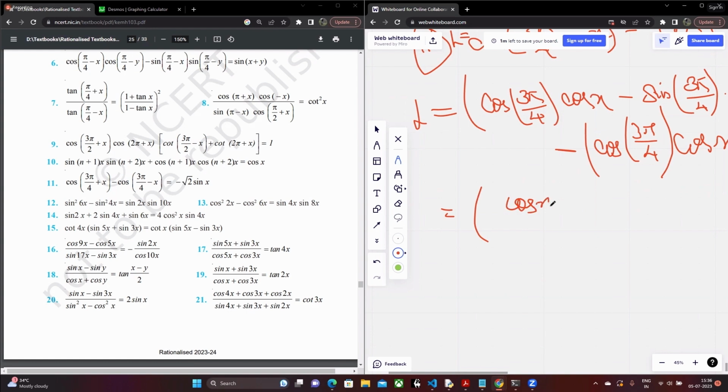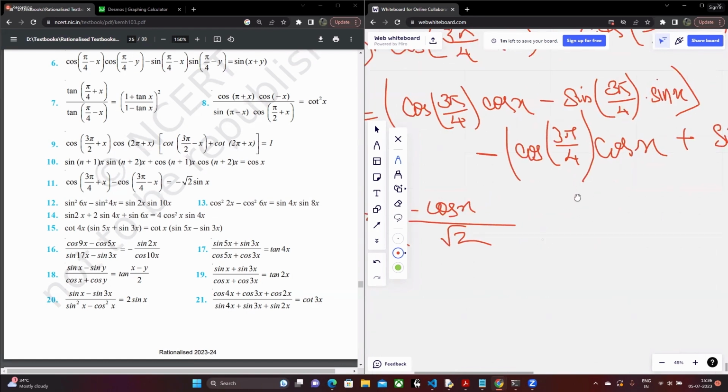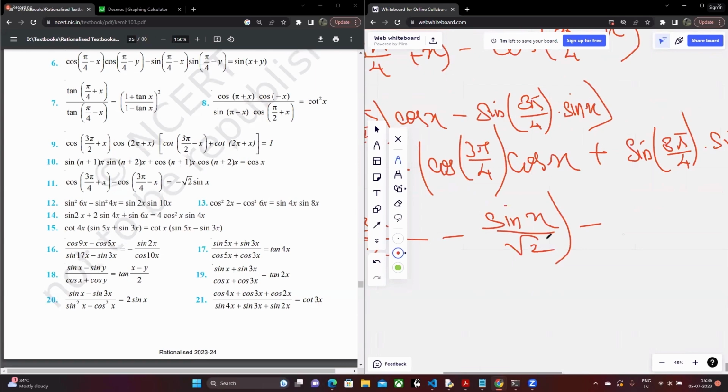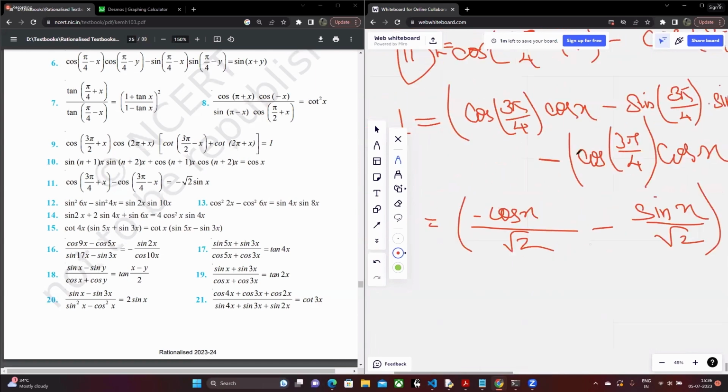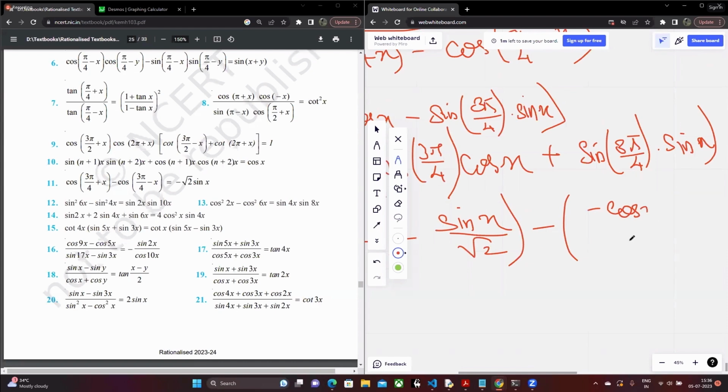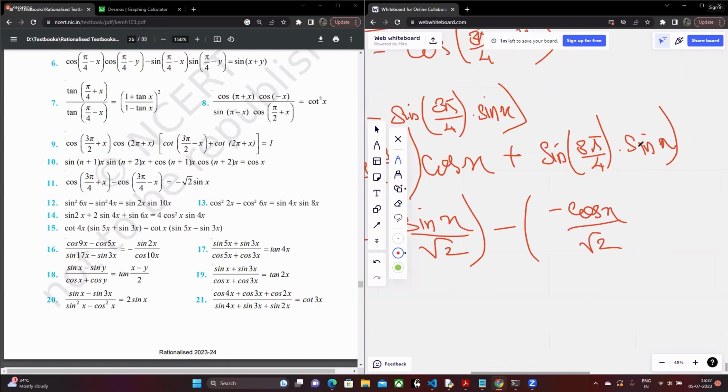So this is minus cos x by root 2, and this is minus sin x by root 2. This is minus of minus cos x by root 2, and this is again plus sin x by root 2.